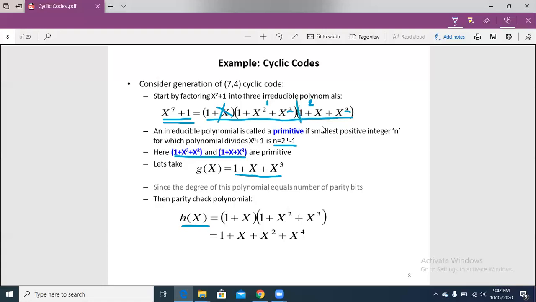So this is g, and these two parts are h. So 1 plus x plus x2 plus x3 will give this part h of x. So when h of x is multiplied with g of x, it will give x7 plus 1 and satisfy the criteria.